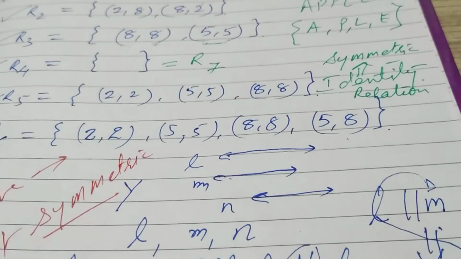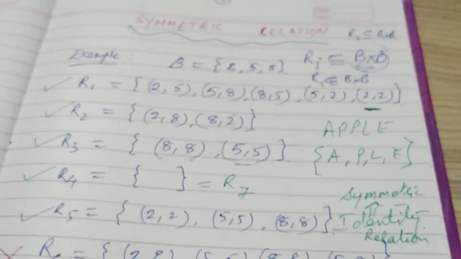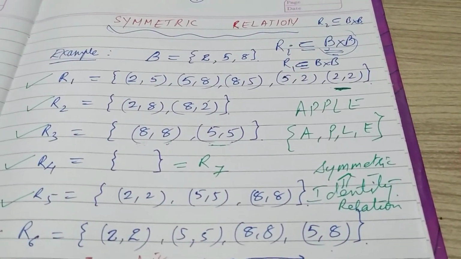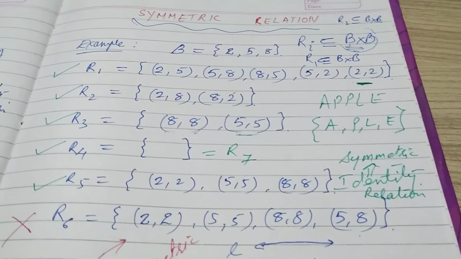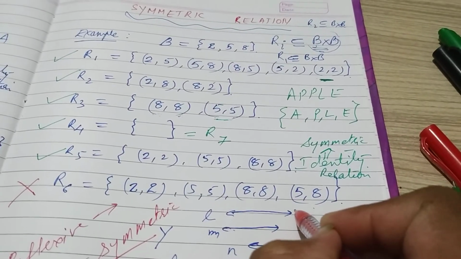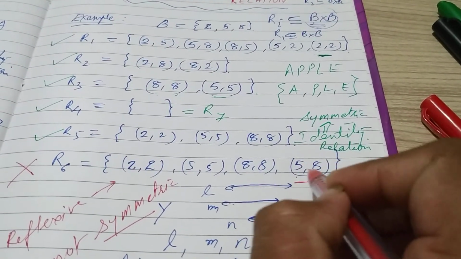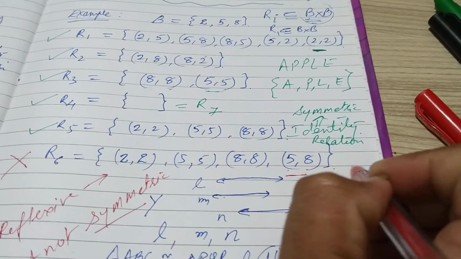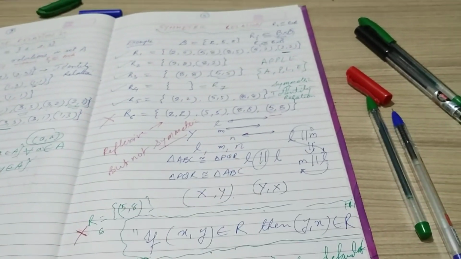R6 is the best example to illustrate that a particular relation defined on a particular set is reflexive but not symmetric, because the condition for symmetricity is disqualified because of (5,8). If you write (8,5), extending this bracket over here and closing it, then definitely it will become symmetric.